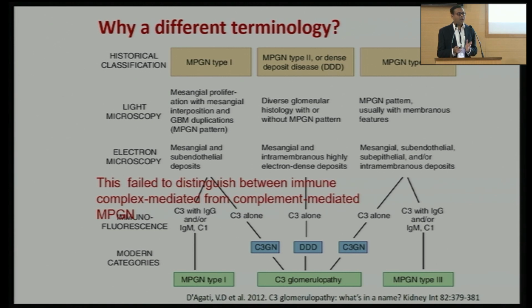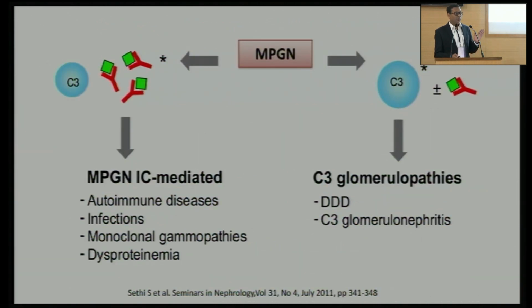and that is why when there is staining for C3 alone, that has been separately classified as C3 glomerulopathy. To simplify, if you have an MPGN pattern of injury with an isolated C3 deposit, that is C3 glomerulopathy, which is subdivided into DDD and C3 glomerulonephritis based on electron microscopy.